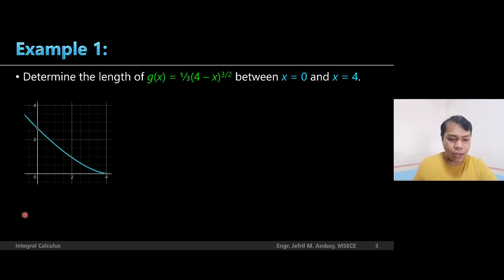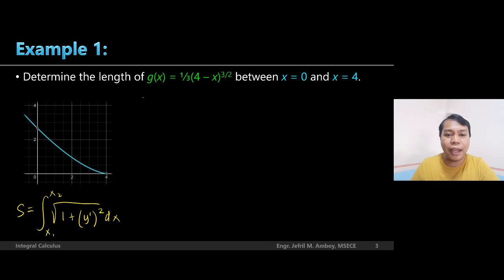Now, ano nga yung formula sa pagko-compute ng arc length? Remember that S equals the integral of the square root of 1 plus the quantity y prime squared dx from x1 up to x2. So, we just get y prime. So, assuming ito yung y mo, no? So, y prime equals 1/3 times 3 halves.